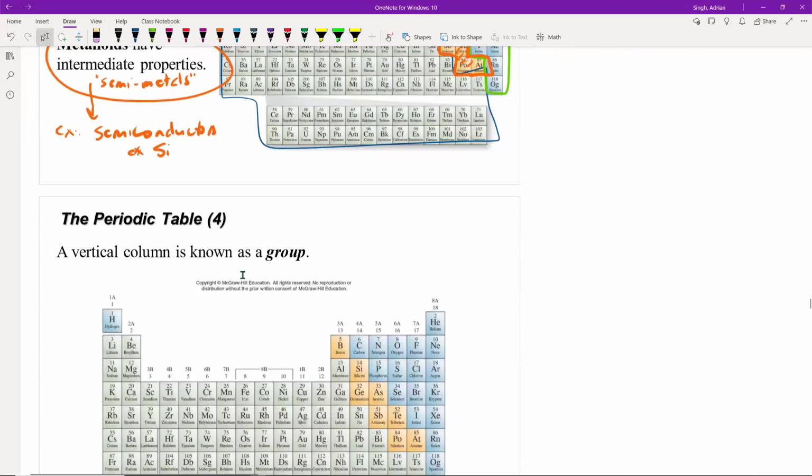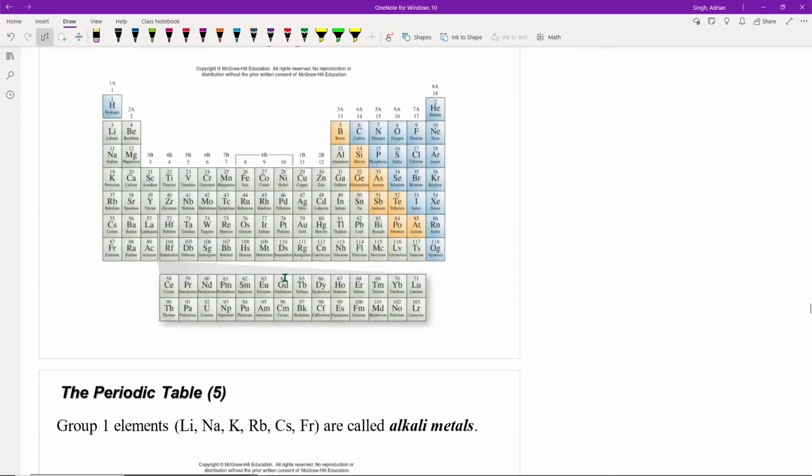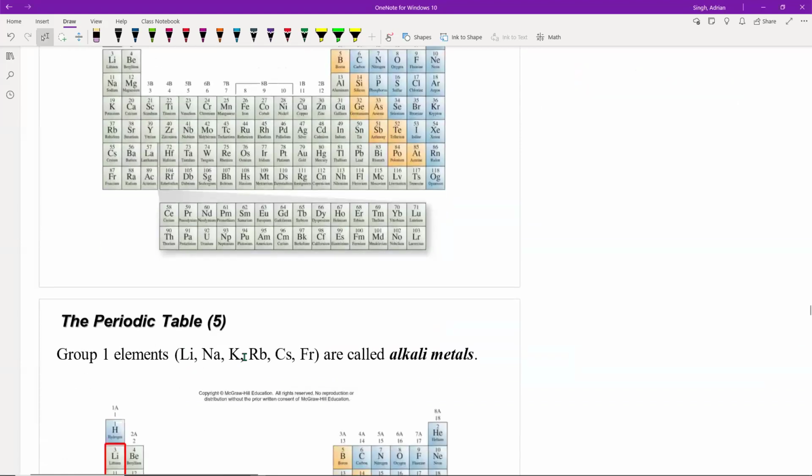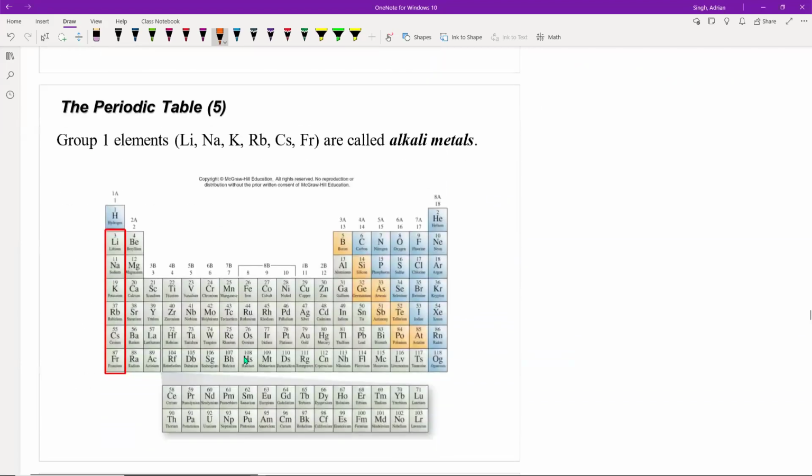So we talked about these vertical columns or groups before. There are special names that we give to some of the groups. So for example, the elements in group 1A are known as alkali metals.